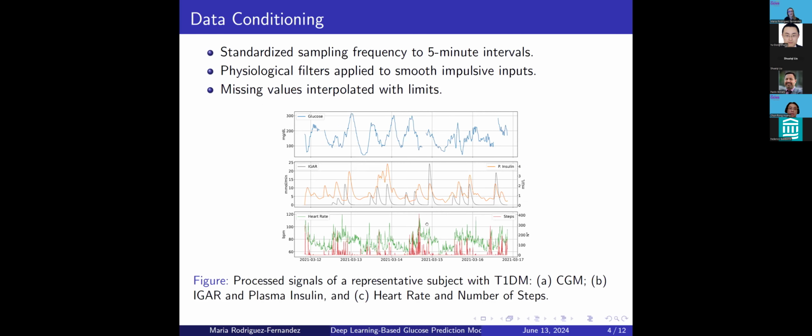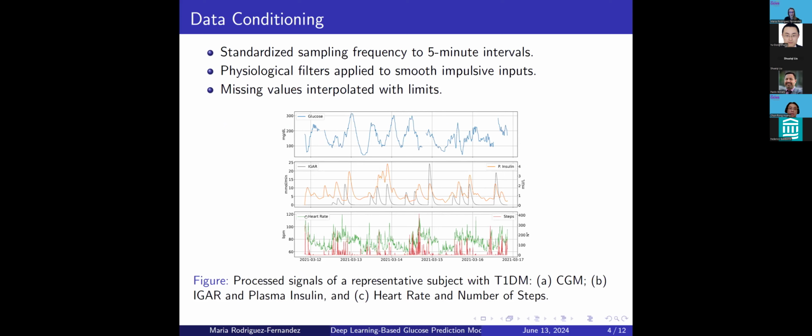So basically, we collected this glucose data. This is the amount of food they were consuming, and something that we also registered for diabetic patients is the insulin that they were administering, either with a pump or with any kind of insulin form.